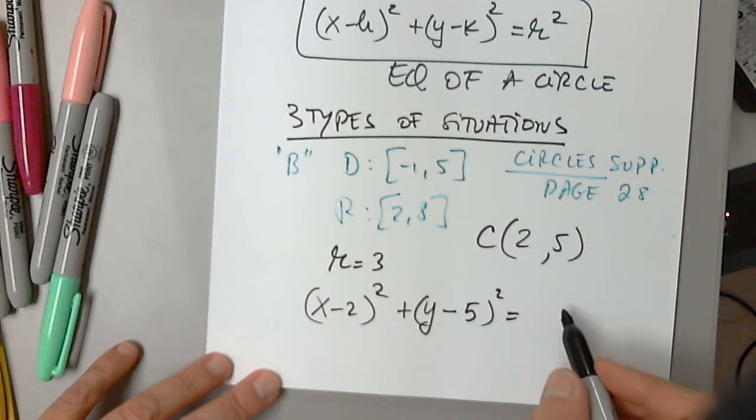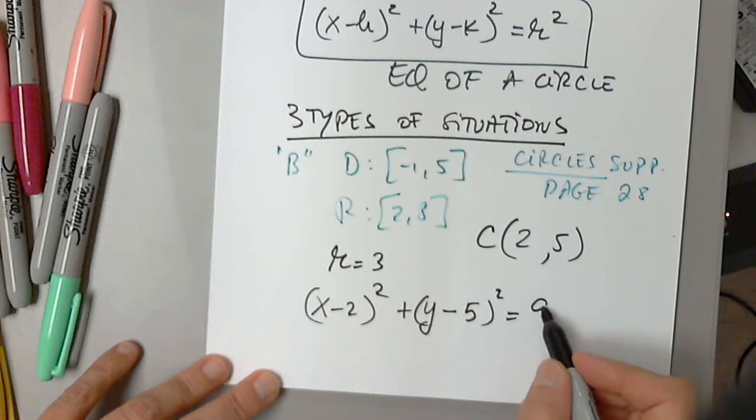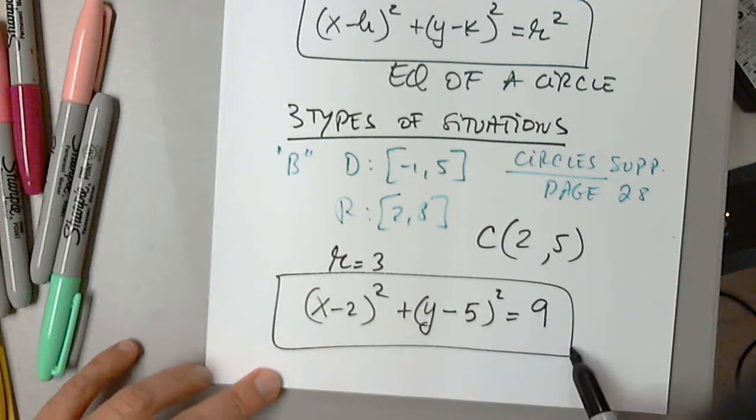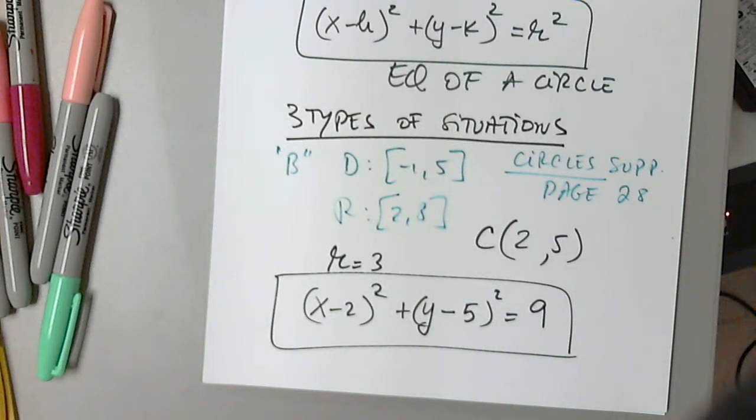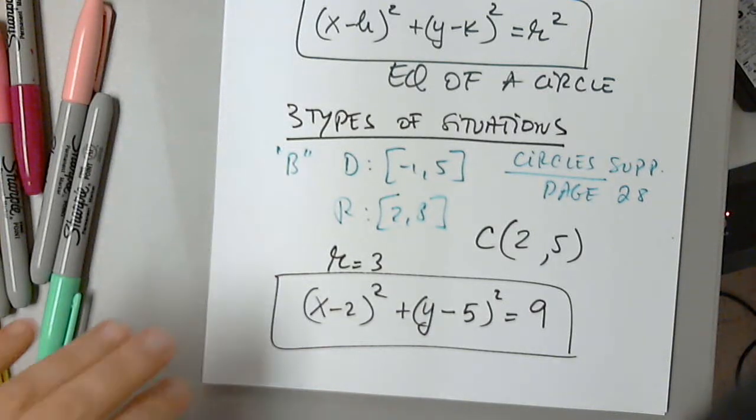Squared equals 9. Very good. This is the equation of the circle with center 2, 5 and radius 3. So this is one type of problem. We identify where we are given the center. We identify where we are given the radius. We are asked to find the equation.